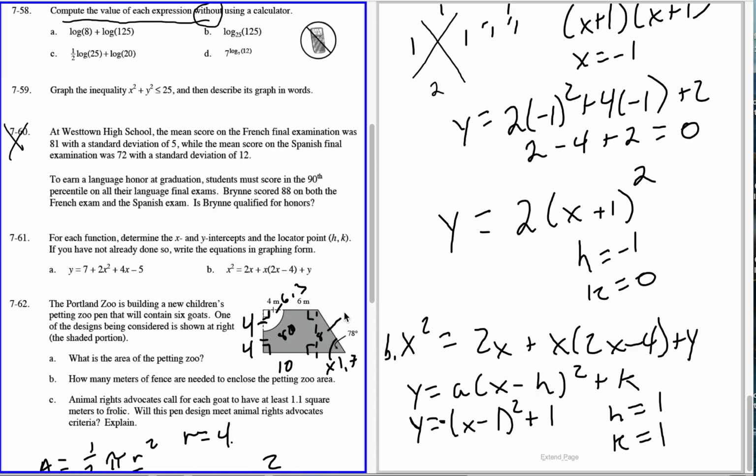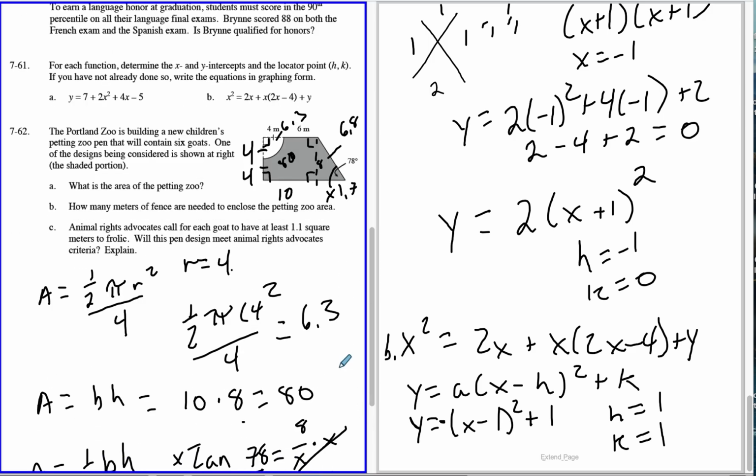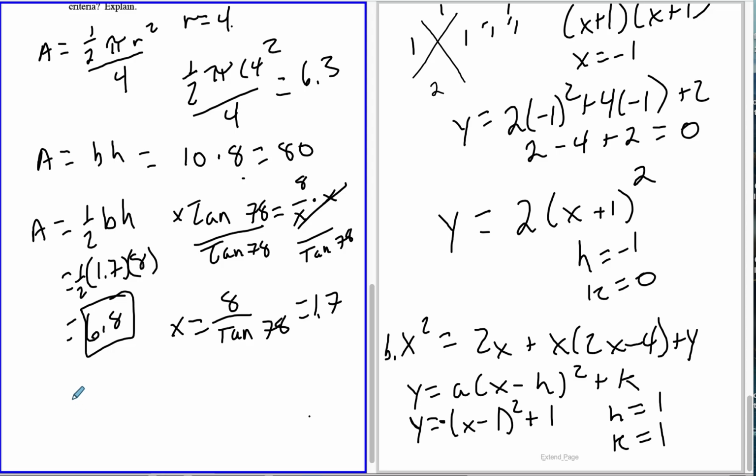Okay, we can add all three of those up. My area of that whole shaded region is 6.8 plus 80, and then we're going to subtract that quarter circle, so minus 6.3.